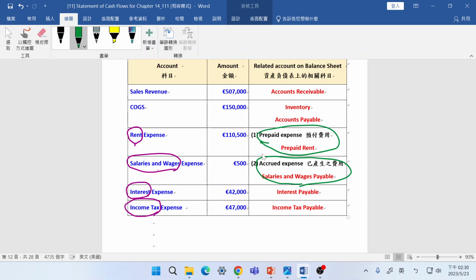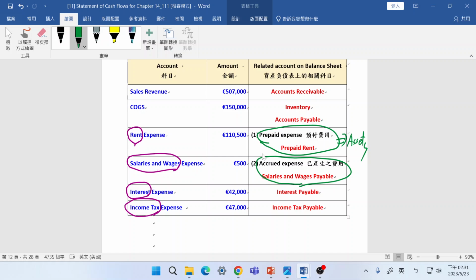Prepaid rent is your asset or your expense? Your asset, right? You pay the money to buy insurance. You pay the money in advance at the beginning, so you could live in the dorm for the next whole year. So that's your asset, right? If you forgot, please go back to chapter 1 or chapter 2. So this is your asset.